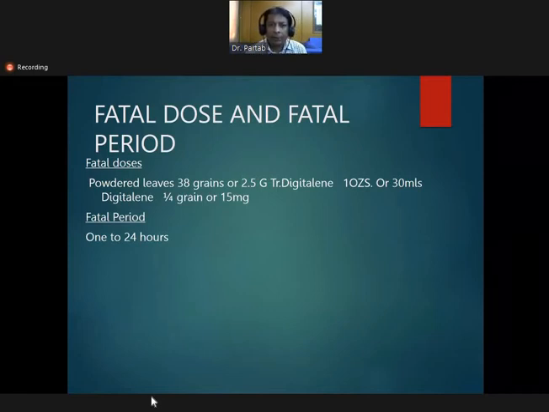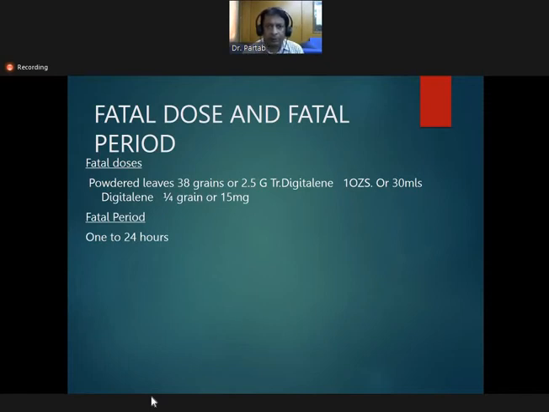The fatal dose is 38 grams of powdered leaves, or 2.5 grams of the digitalis glycosides. Digitalin: 10 ounces or 30 ml in liquid form, and digitalin 1/4 gram or 15 milligrams. These are the proven fatal doses which can cause the death of an adult human being.